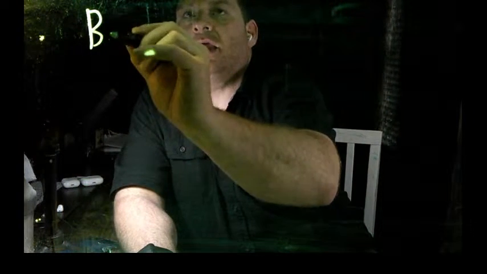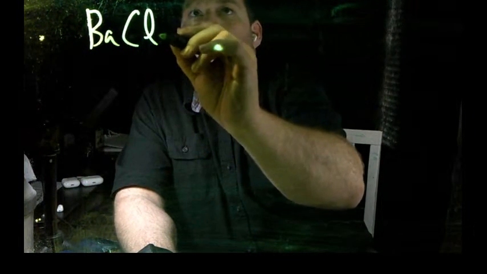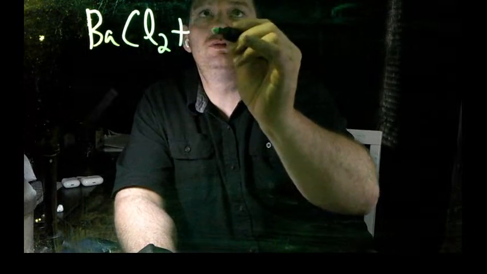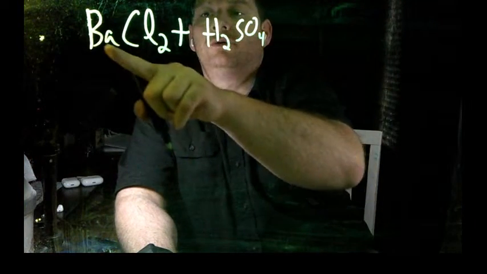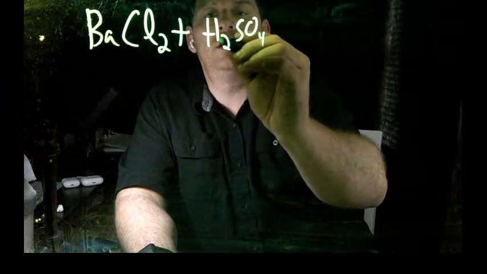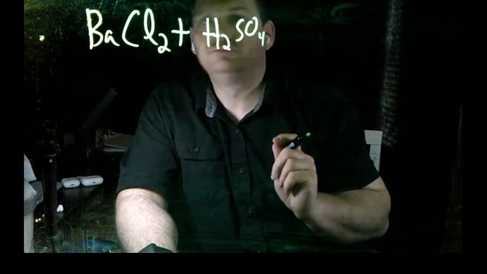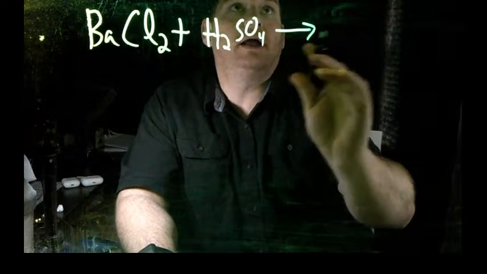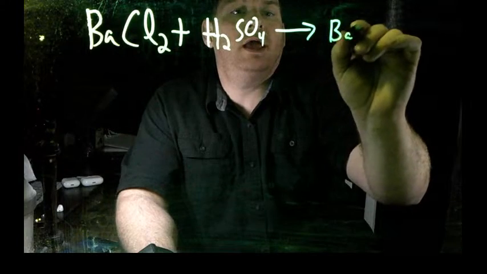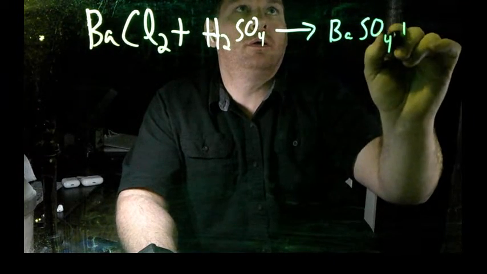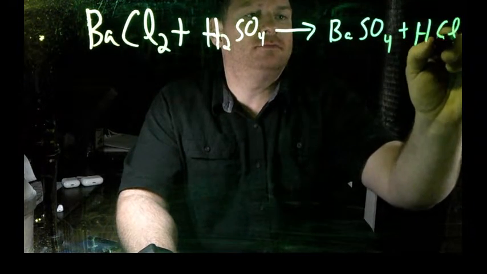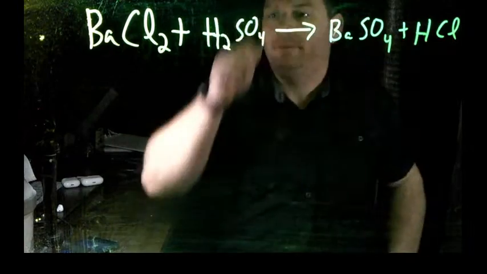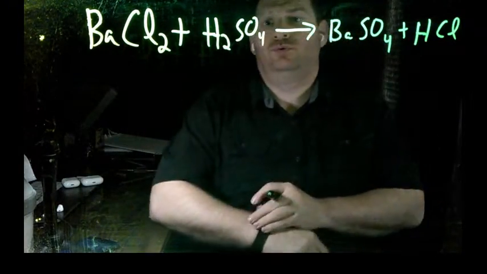Ba Cl2. Add those to hydrogen sulfate. So BaCl2 plus H2SO4 is going to react or combine to create BaSO4 plus HCl, hydrochloric acid. Okay. So this is a bigger one.